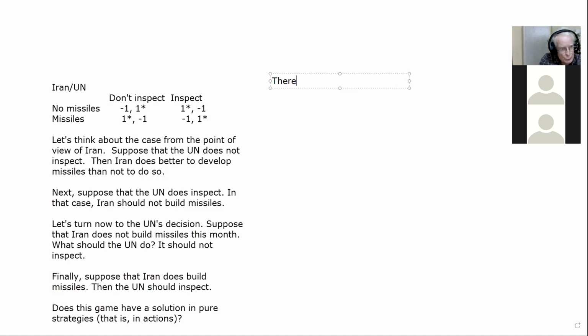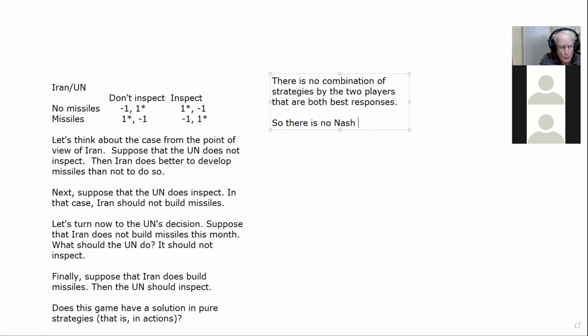We see that there is no combination of strategies by the two players that are both best responses. So there is no Nash equilibrium in actions.